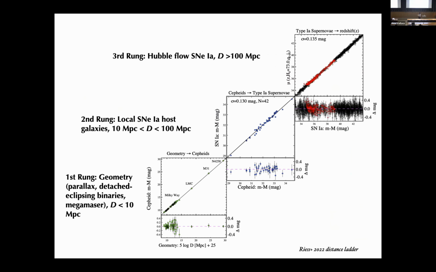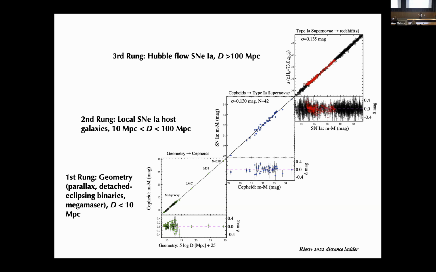In our case, geometry includes using masers in NGC 4258, which is at 7 megaparsecs or so. Then you use geometry to get distances to very nearby Cepheids in this case. And what I've done is using geometry to get distances to very nearby Miras.